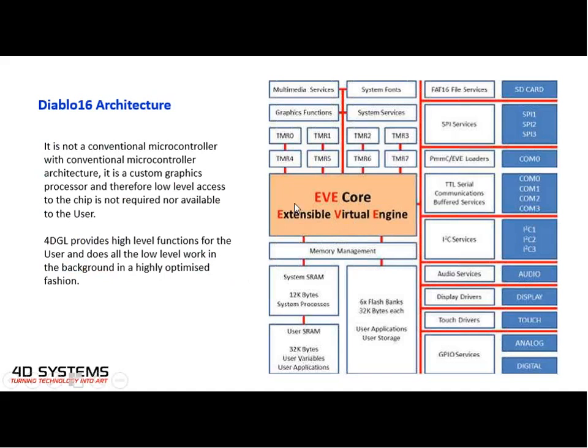It's like having a processor over another processor. That means you will not be programming and talking to the chip at the low-level functions, but to high-level functions, which is actually 4DGL. 4DGL is the 4D graphics language.